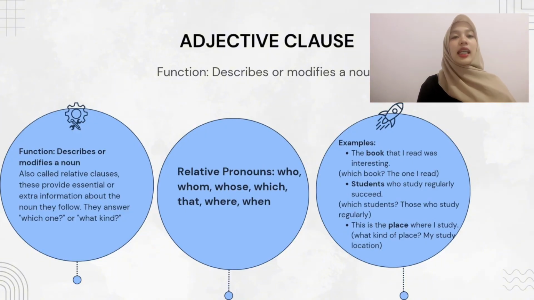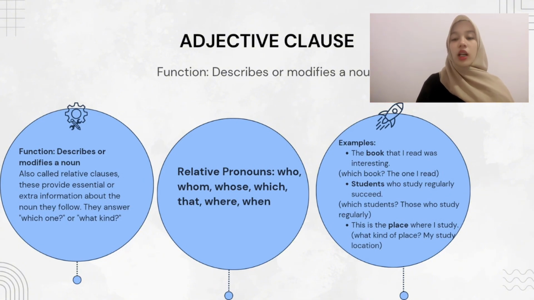Okay, the next is adjective clause. The function is to describe or modify a noun. It is also called relative clause. This provides essential or extra information about the noun they follow.